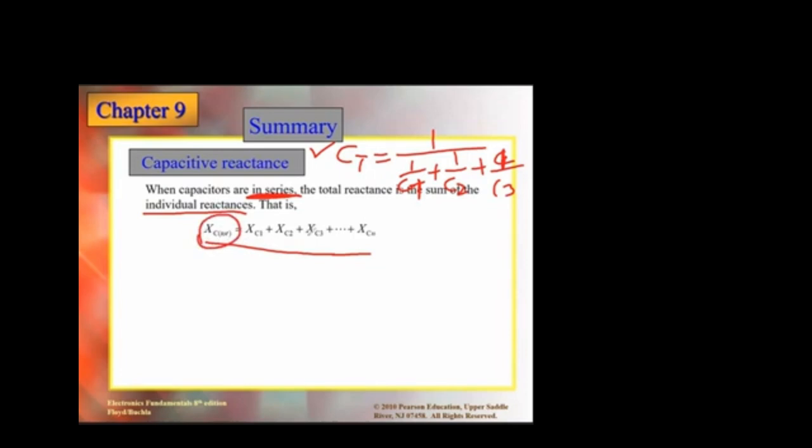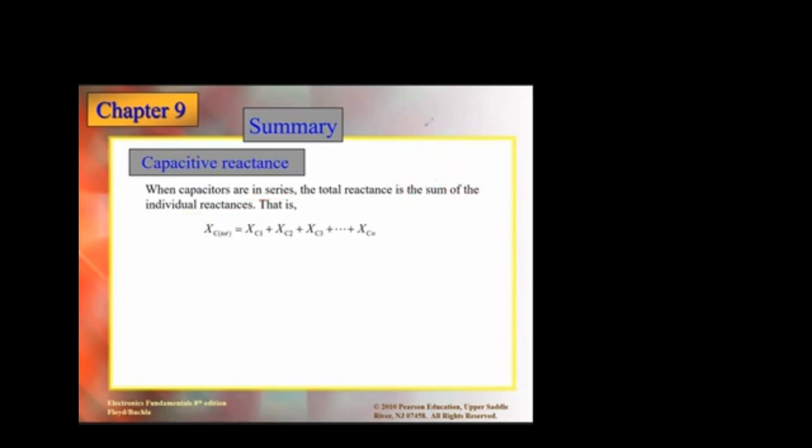Because, as I said, capacitive reactance is similar to resistance, and you know the formula for resistances in series. Is it clear to all of you? Yes, it's clear. All right. So you need to relate these things with the previous ones.